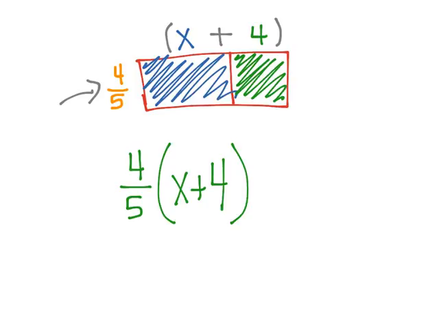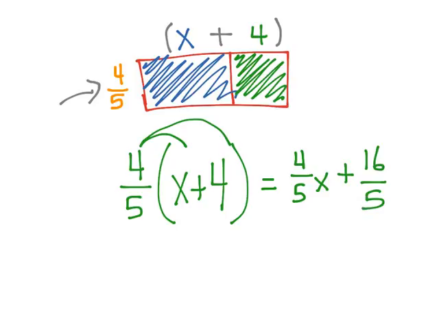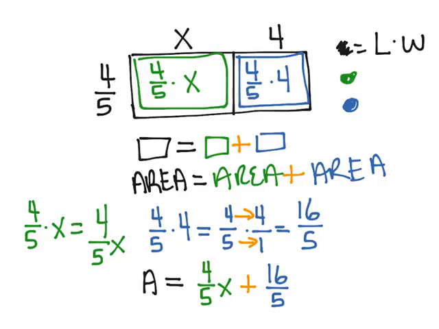If we come back here to the original problem and we were to distribute our total area, we would find that it would be the same as 4/5 x plus 16/5. So once again, we found the same information from a different method. Using this method, we can find the area of any one of these rectangles and as a result, determine the equation or expression that represents the picture.